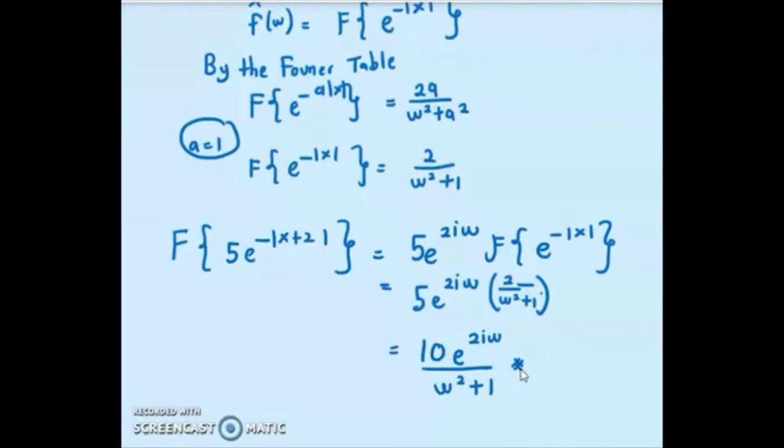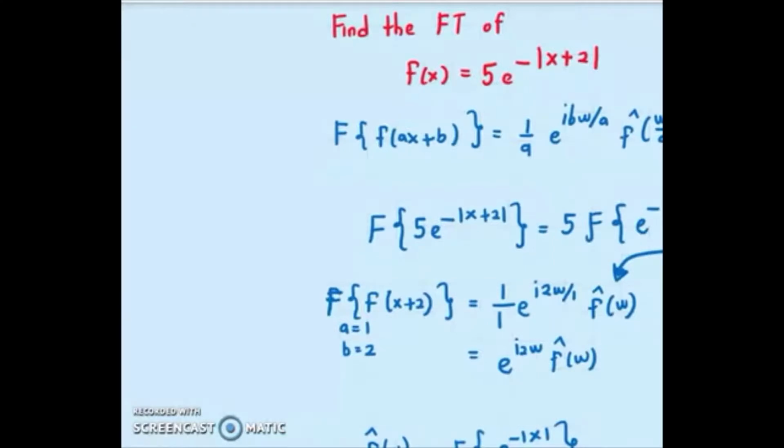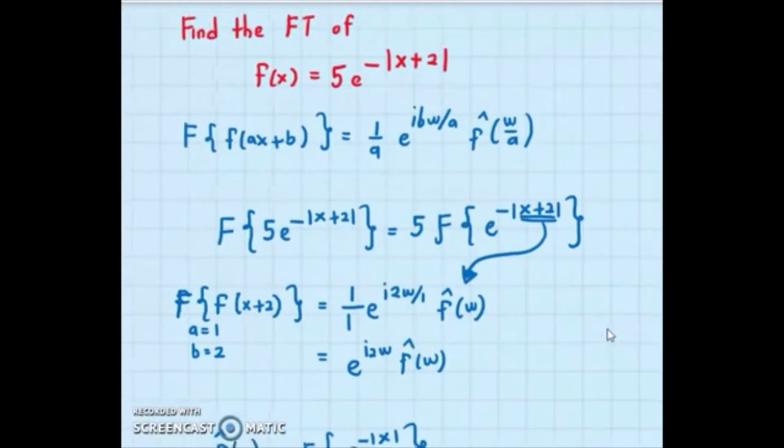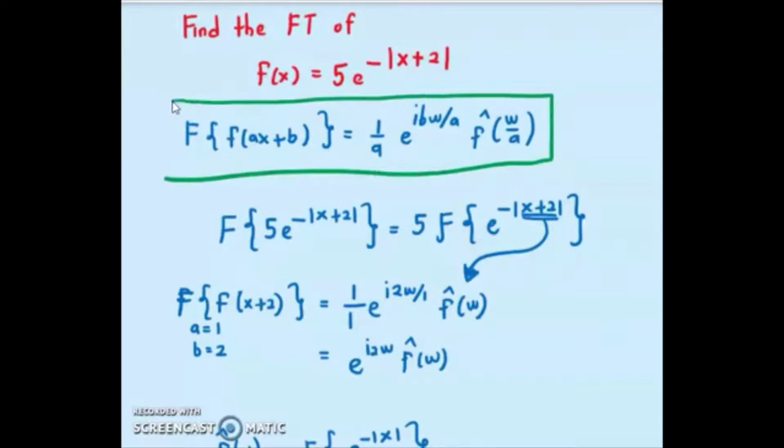Okay, so this is the Fourier transform using the property of this one. So if you are given a Fourier transform of a function different from the ones given in the table, we have to use this definition.